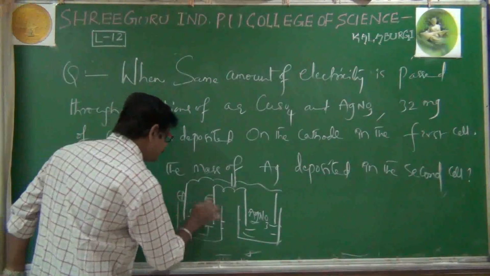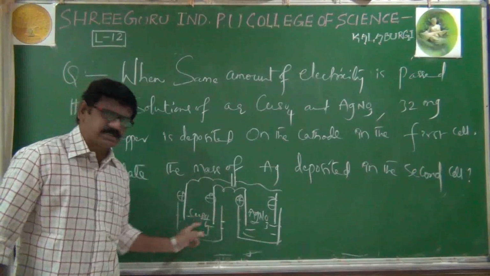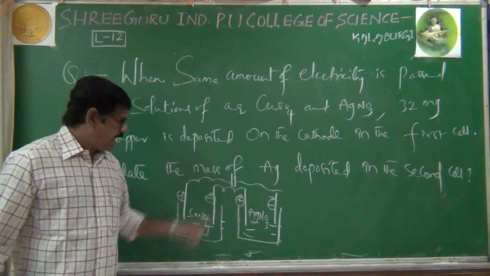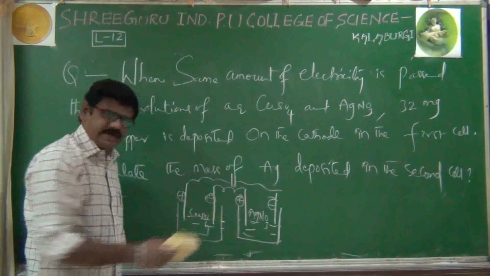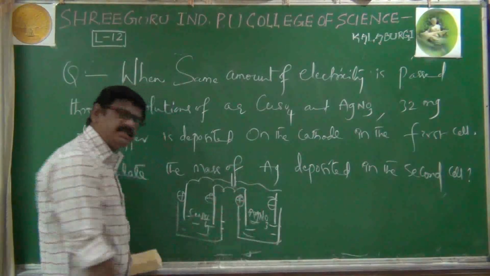Plus, minus, that's all. Both electrolytic cells are connected in series, and from the battery we are sending the same amount of current, and electrolysis takes place here, and here also electrolysis takes place.